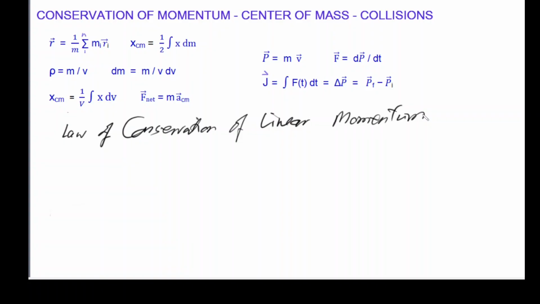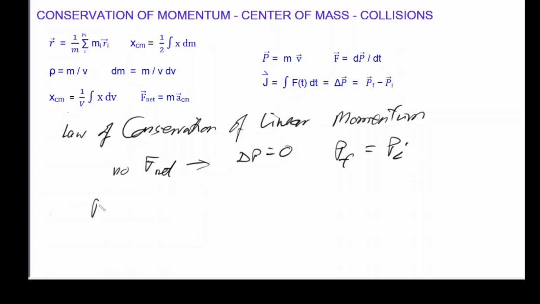And the law of conservation of linear momentum basically says if no net force acts on a system, then the momentum remains constant and the final momentum equals the initial momentum. So if no net force, then delta P equals 0 and final momentum is equal to initial momentum.